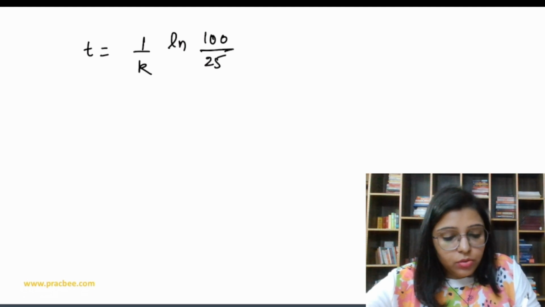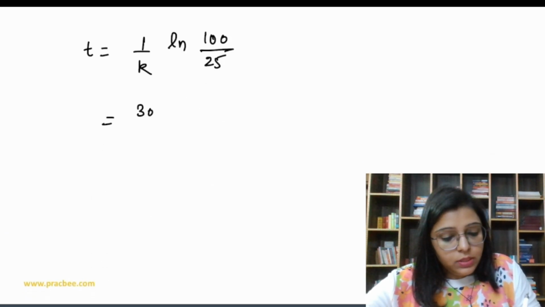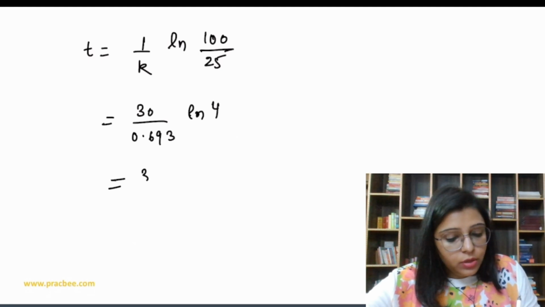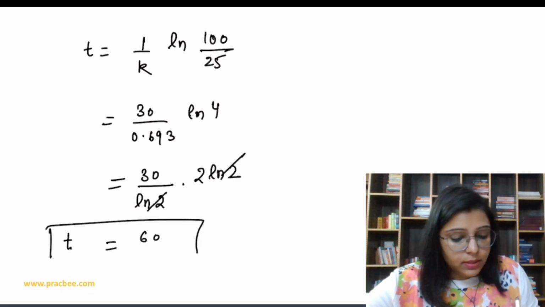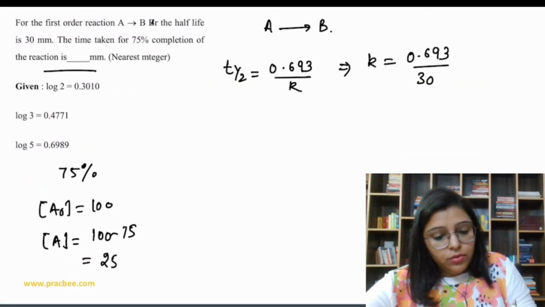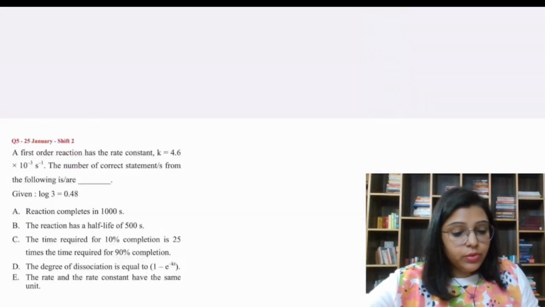K we can write as 0.693 upon 30, so it means 30 upon 0.693 and that is ln 4. So 0.693 I can write as ln 2, and ln 4 is 2 ln 2. So ln 2 cancels, so the answer is 60. That is the answer. Okay, now let's do the next question.